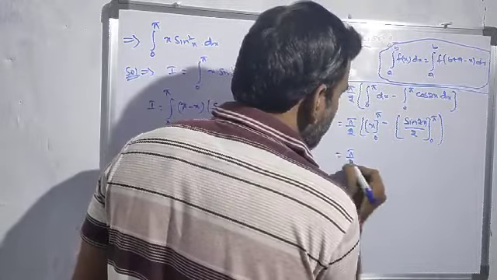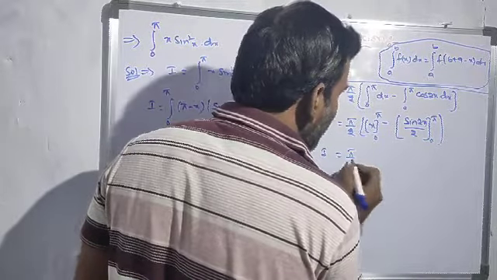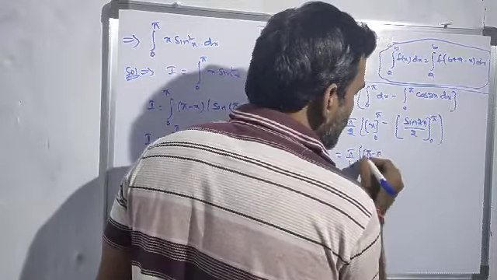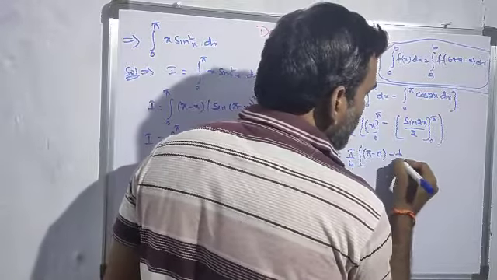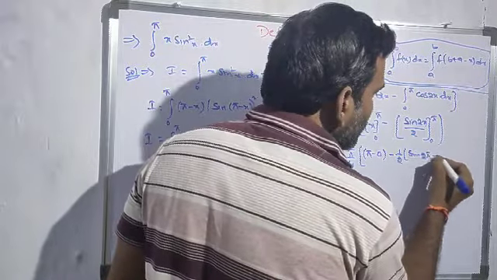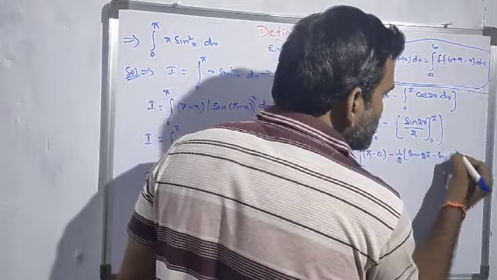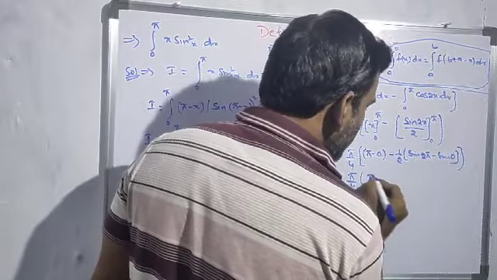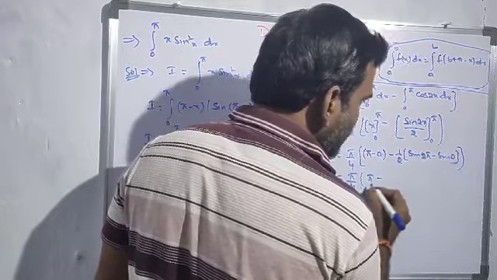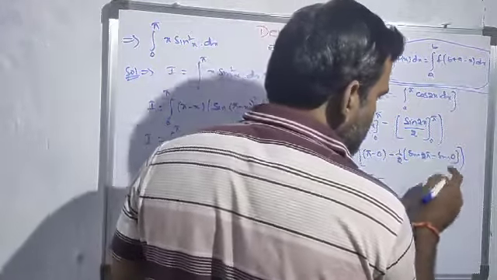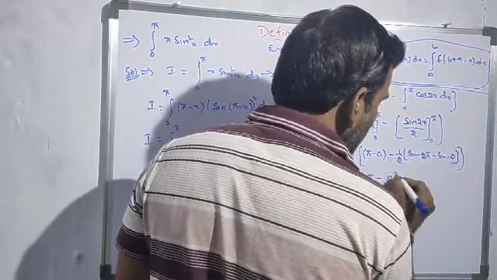So I equal to pi by 4 times pi minus 0 minus 1 by 2 into sin 2 pi minus sin 2 into 0. Pi minus 0 means pi, and sin 2 pi, sin 360, is 0, sin 0 is 0. So 1 by 2 into this total value is 0.